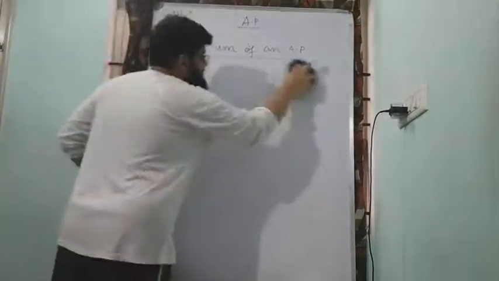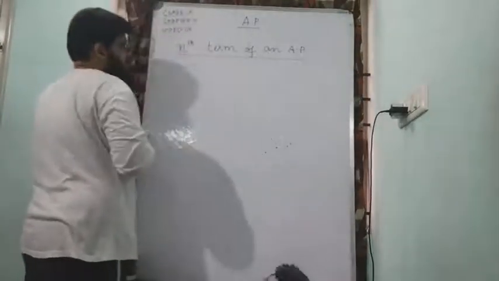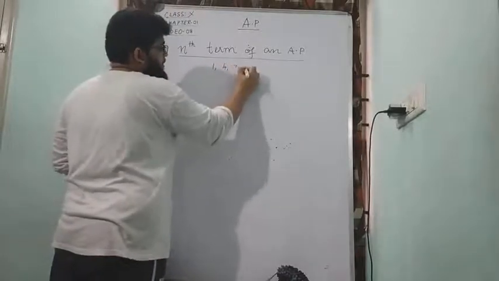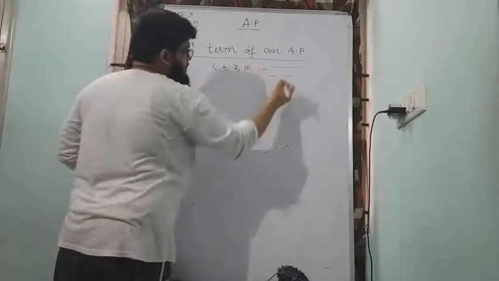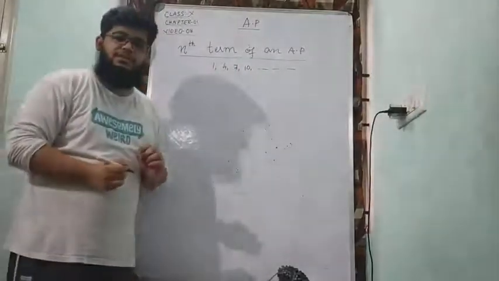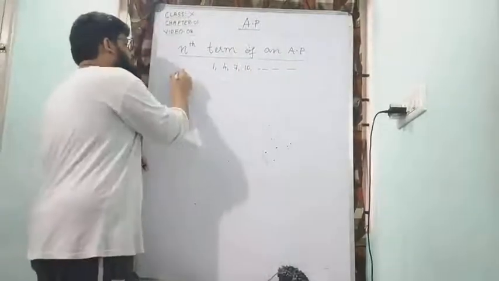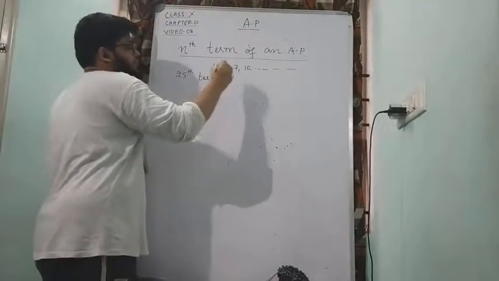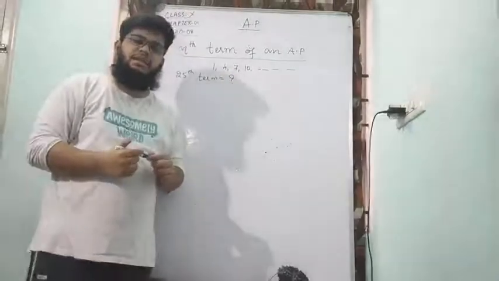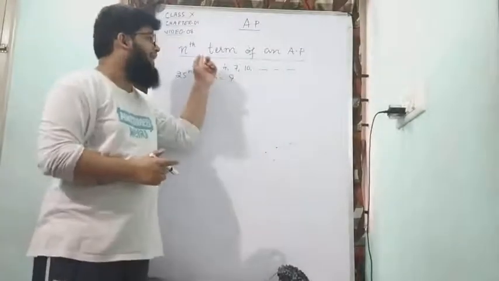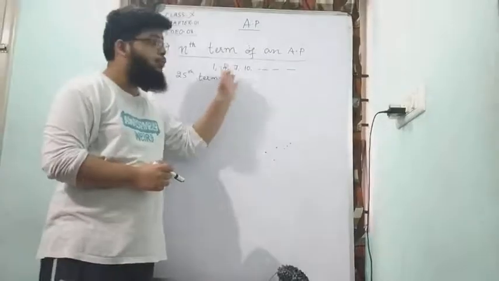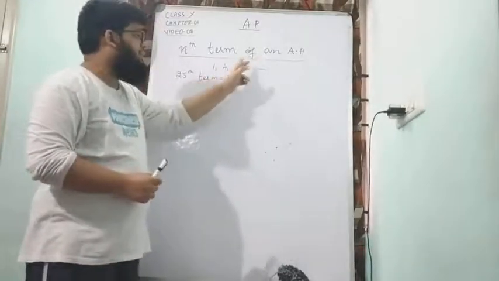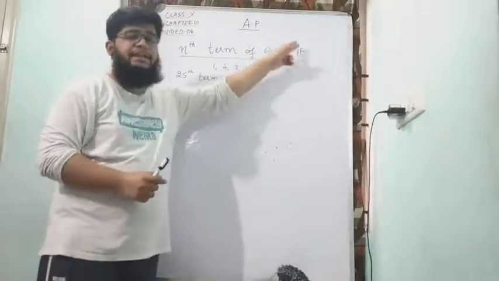What do I mean by that? If I have an AP such as 1, 4, 7, 10, etc., and for this AP, I am asked to find out what the 25th term will be. If I don't have this concept, I'll have to go one number after the other: 10 and then A5, A6, A7, A8, A9, A10.